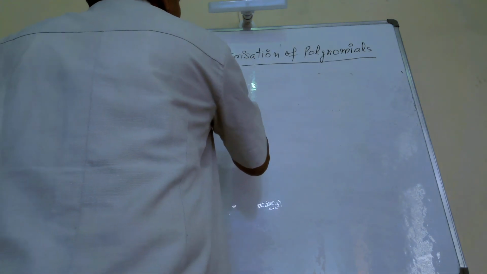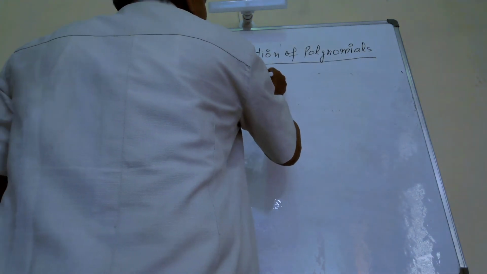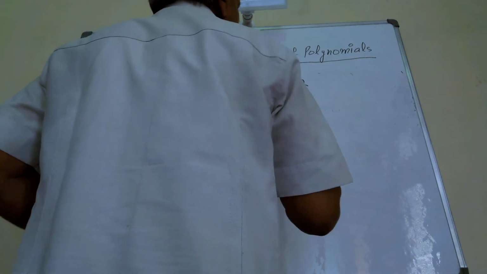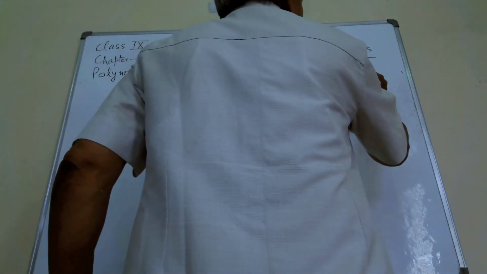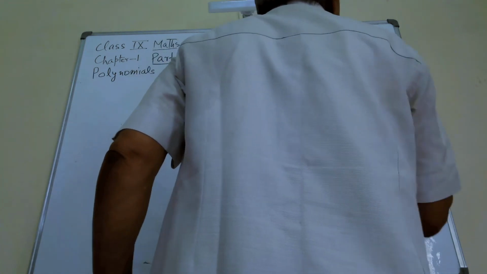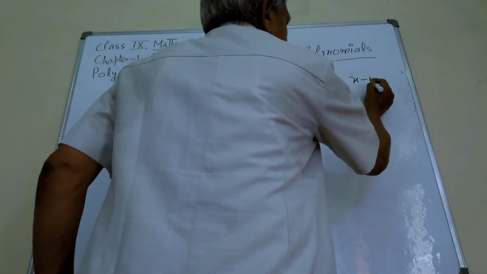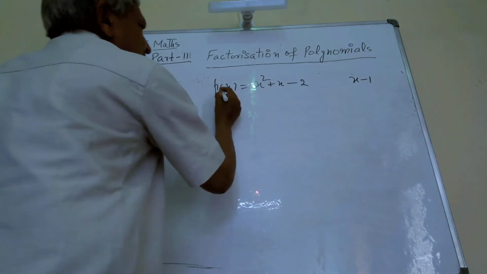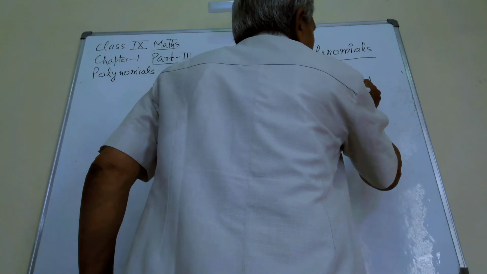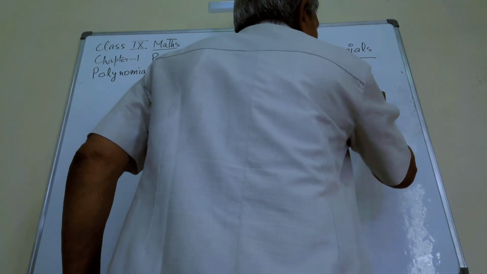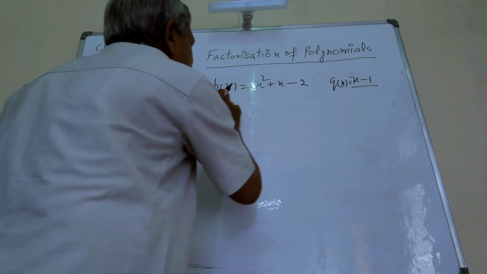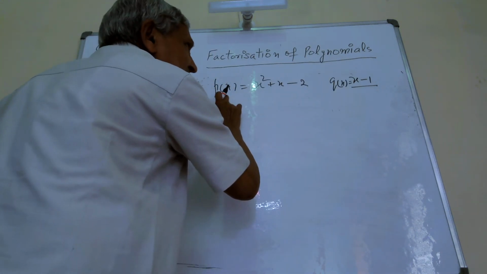P(x) is equal to x cube minus x square plus x minus 2, where x minus 1 is another polynomial. This is the first polynomial and this is the second polynomial. We have to check whether q(x) is a factor of p(x).